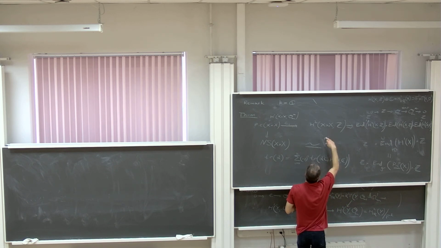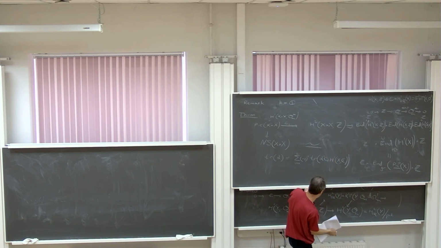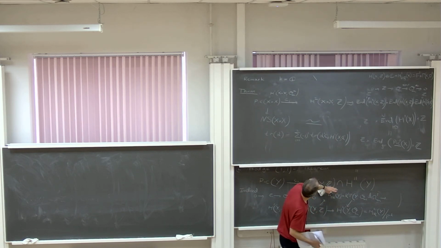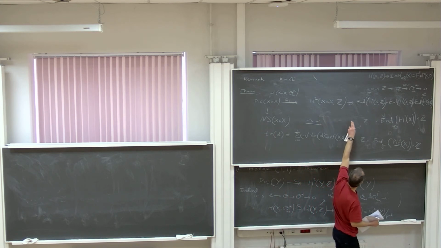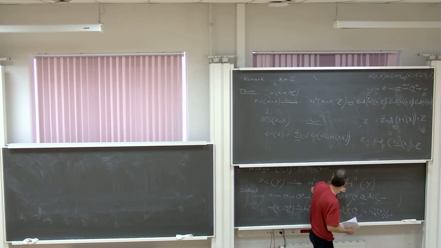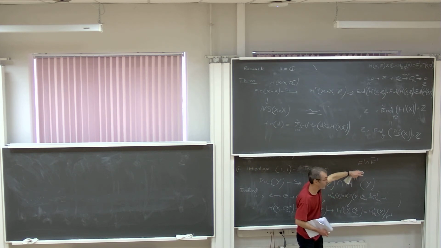Well, we have H2 intersected. I will not write it down, because I already have it here. So you have this subgroup here, and this subgroup depends on the Hodge filtration.